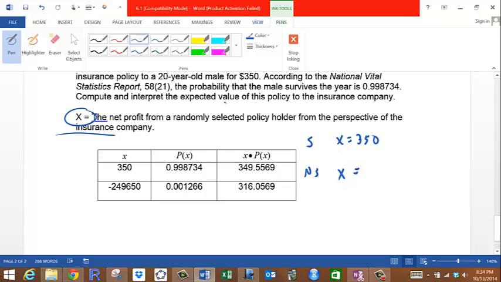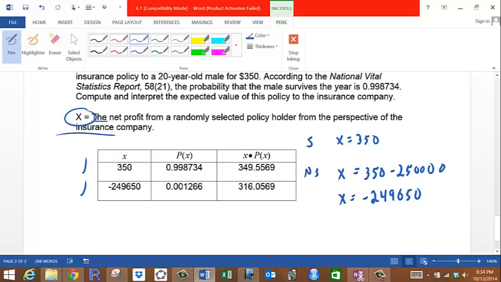So we have to figure out, do we do 350 minus 250,000 or 250,000 minus 350? Well, we do 350 minus 250,000, because we want the result to be negative since they're losing a bunch of money. So the net profit, if he does not survive, is minus 249,650.